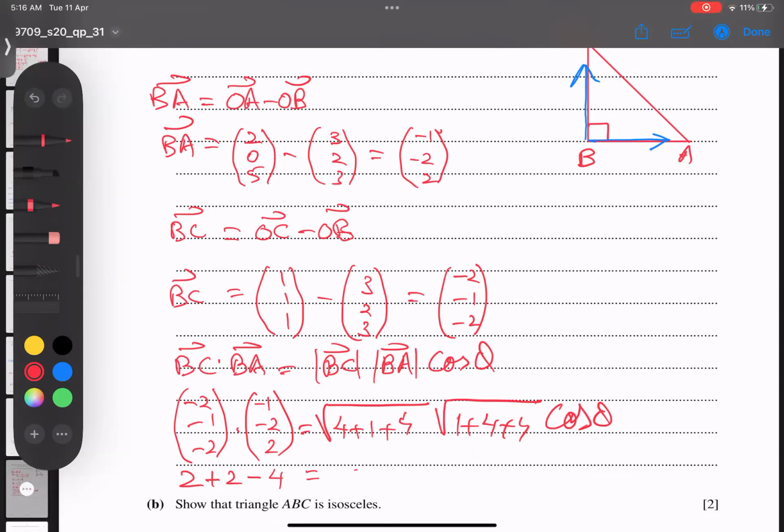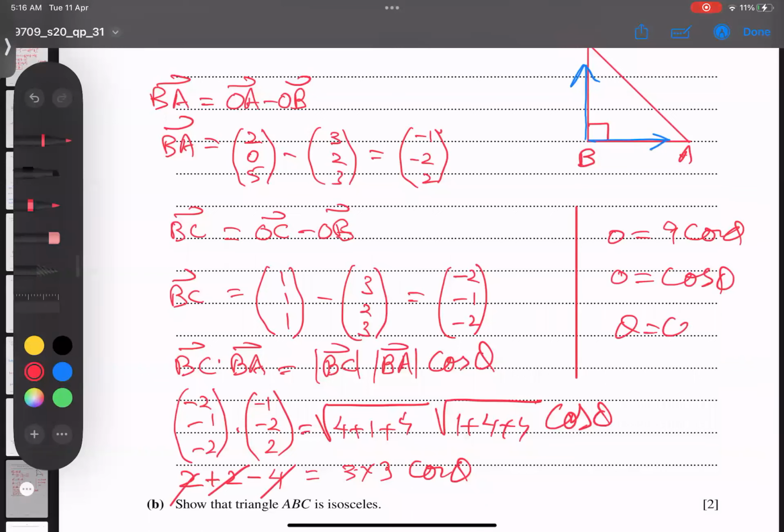Whatever is here, 4 plus 9, 3 into 3 and cos theta. So this is coming 0, left side cancels. I got 0 equal to 9 cos theta. So 0 is equal to cos theta, take cos inverse, and the answer turns out to be 90 degrees.